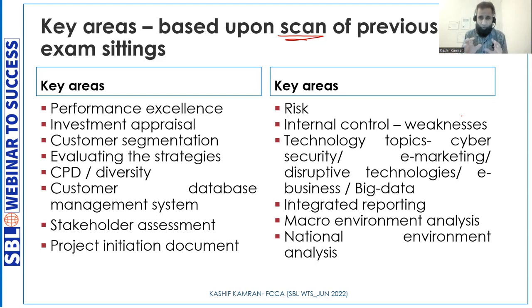So you should be very sure about stakeholders, risk, technology, integrated reporting, macro environment, the Porter Diamond, customer segmentation, investor appraisal, performance excellence, customer database, diversity, CBD, and again, the reinforcement of the 12 articles I mentioned for you to read, because that's extremely important.